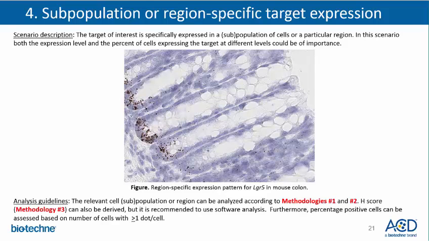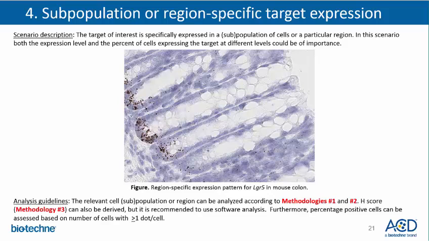And even within this particular crypt cell population, researchers in intestinal stem cell research are interested in the expression levels in the specific subpopulations of cells at position +1, +2, and +3. So it is of particular interest to analyze these specific subpopulations and determine, for example, the average number of dots per cell for these +1 cell populations.